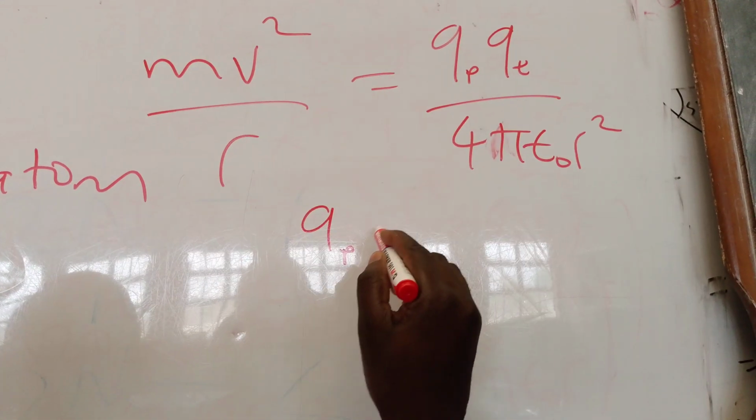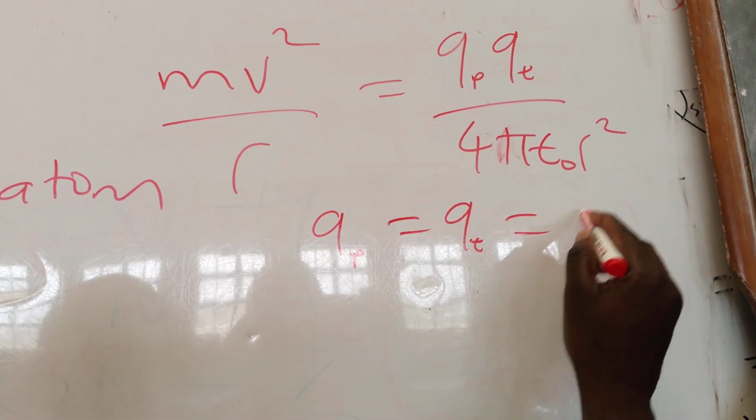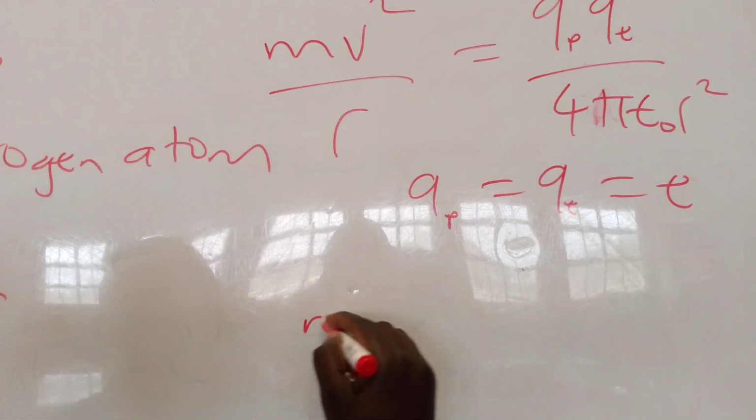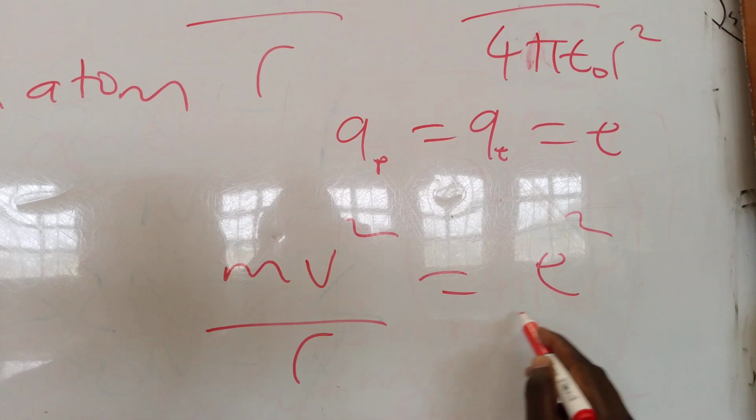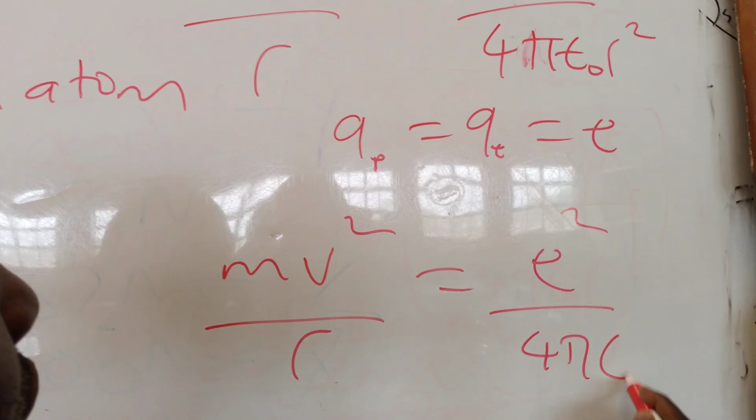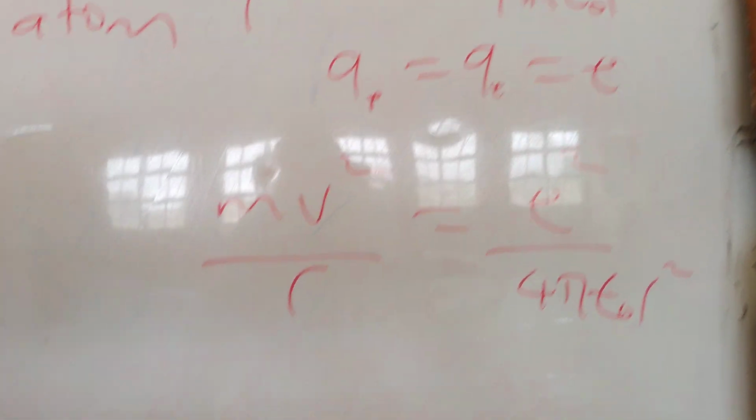The charge of a proton is equal to the charge of an electron, which is equal to e. So this can be reduced to mv squared over r is equal to e squared over 4 pi epsilon naught r squared.